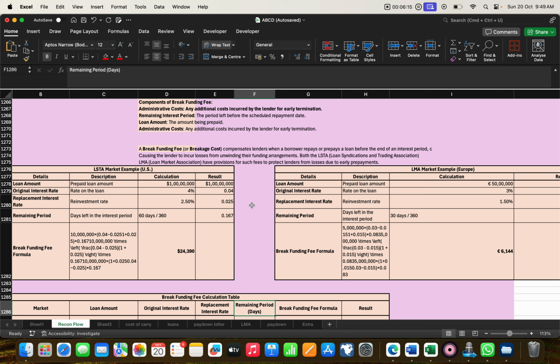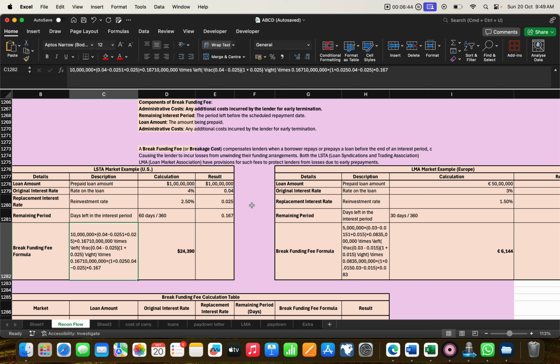So we'll take an example for the LSTA market first. LSTA market: 10 lakh dollar loan amount, 0.04 is the interest rate, replacement interest rate is 0.025, and the remaining period is 0.16 of a year, calculated according to 60 days. The same formula we have used: the 10 lakh dollars multiplied by 0.04 is the original interest rate.